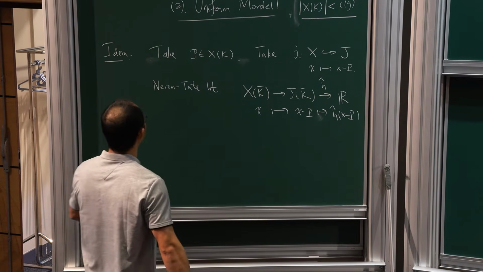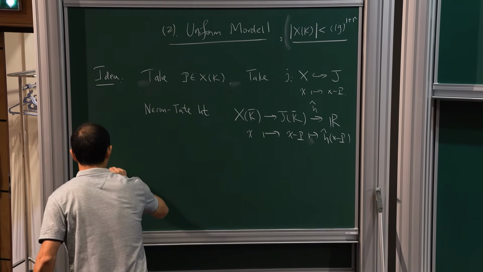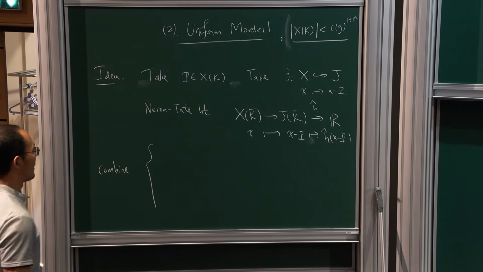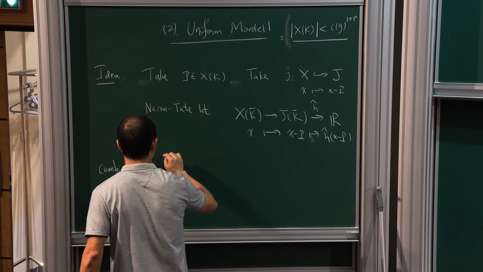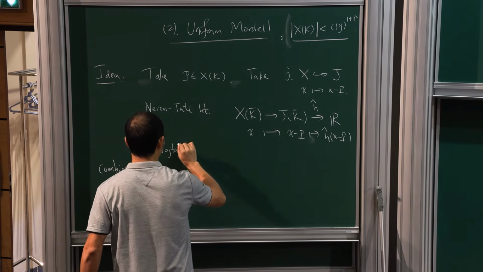Now, the idea is to combine the bounds on large points and the bounds on small points. The large points bound is due to Vojta.